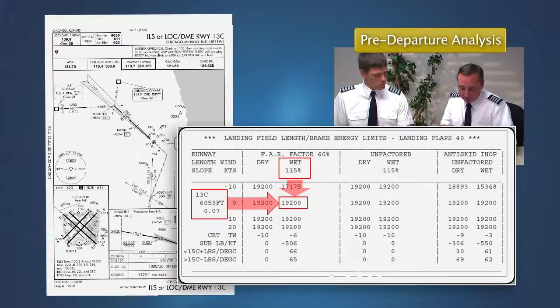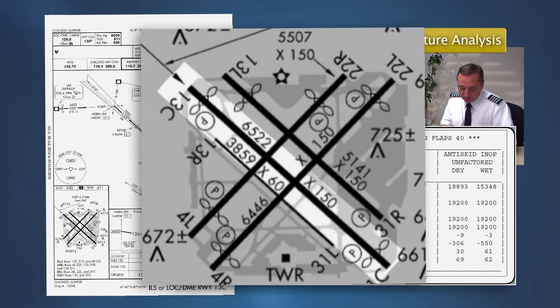The operator must evaluate the longest runway in still air conditions. They must also evaluate the most suitable runway given the weather conditions and approaches to be used, unless an alternate airport is designated. Using Chicago Midway as our destination airport, for our estimated time of arrival, runway 13 center is both the longest and the most suitable runway, given the forecast weather and the ILS approach to this runway.